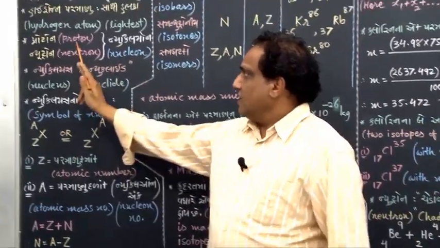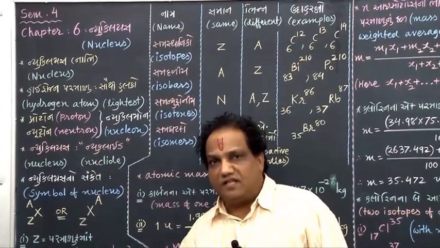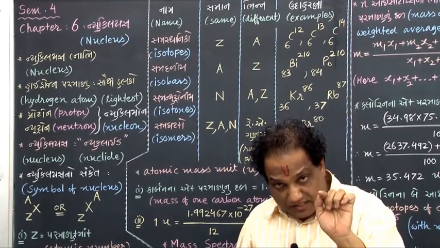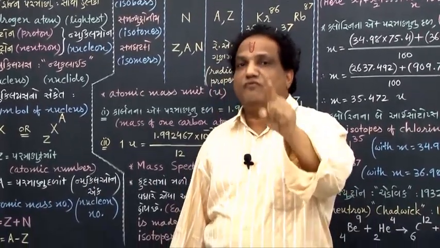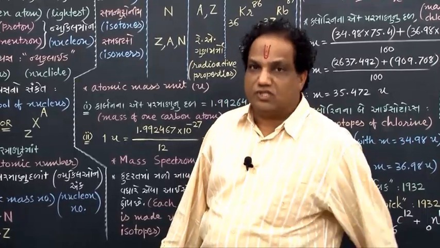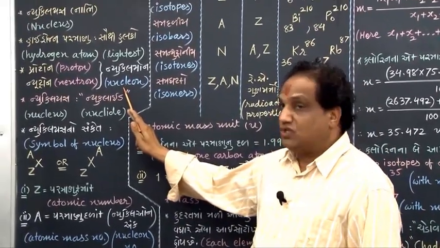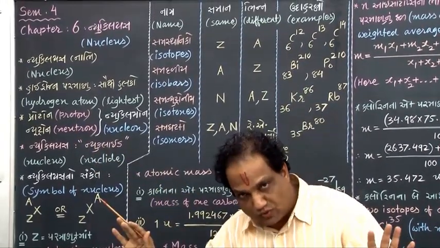Fine. And you know very much that proton and neutron are the fundamental particles. They reside inside the nucleus. Because both of them reside inside the nucleus, we have given a common name to both of them, and that common name is nucleon. Nucleon is a word which you can use for proton also, for neutron also.